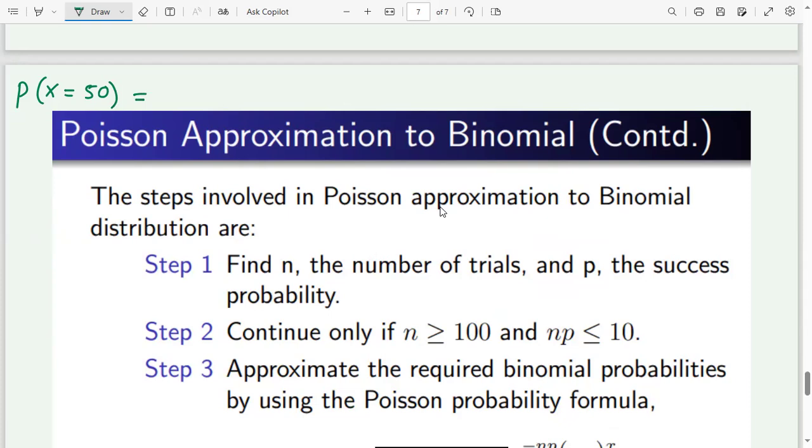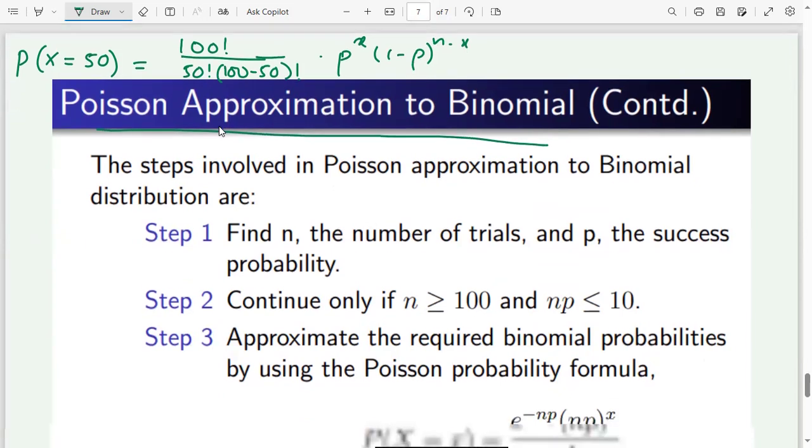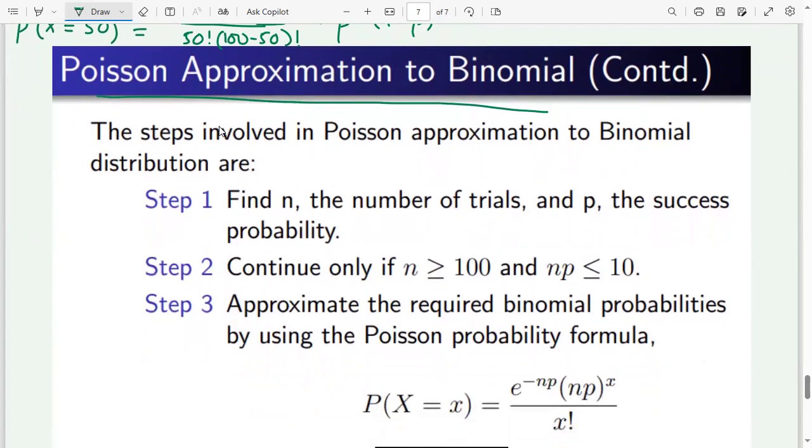I mean, try to calculate this. You won't be able to do it on your regular calculators because this value is too large, right? Even आप 100 factorial नहीं निकाल सकते. So this is why we use Poisson approximation to binomial. मतलब we use Poisson distribution to approximate binomial.